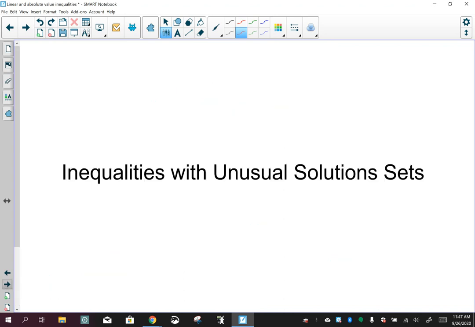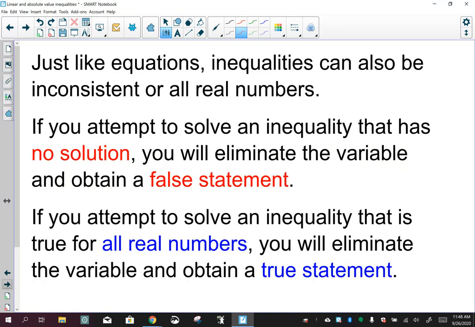So what happens if you get some really unusual answers? Let's take a look at this. Just like with equations, inequalities can also be inconsistent or all real numbers. So that's something you're going to have to take into consideration.